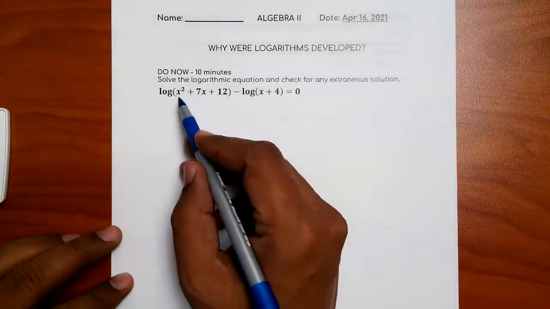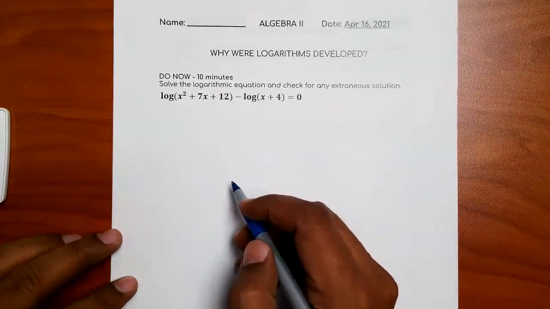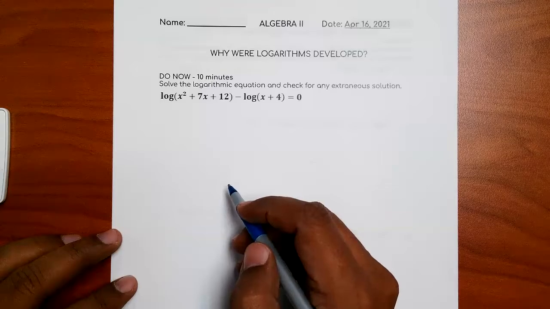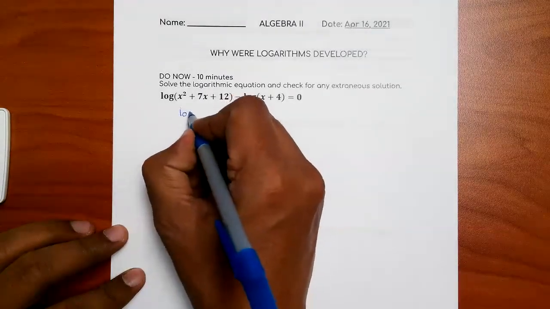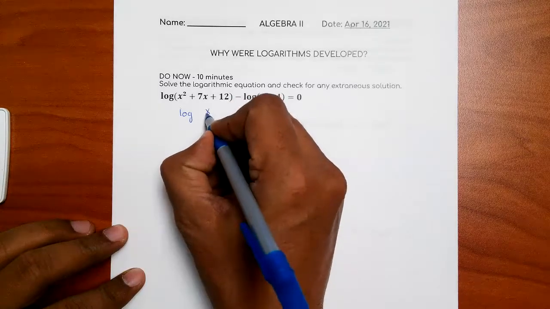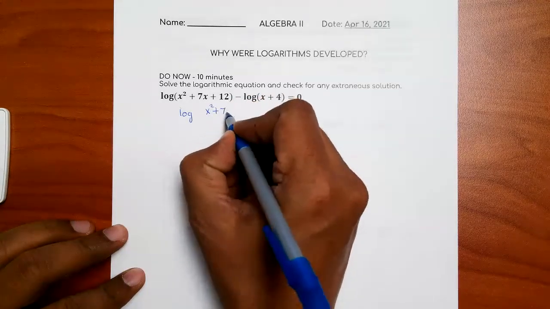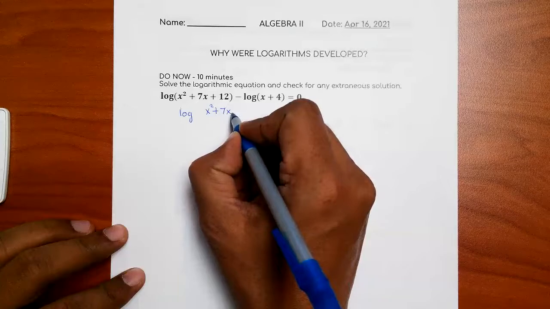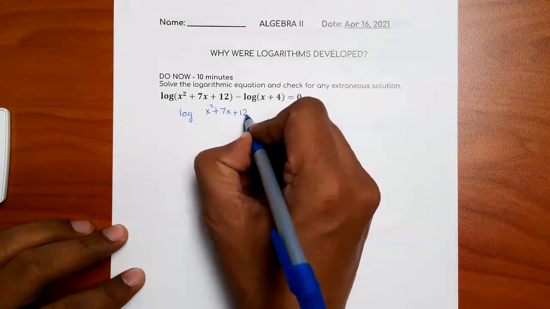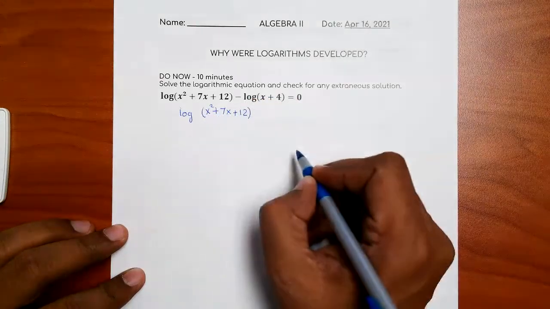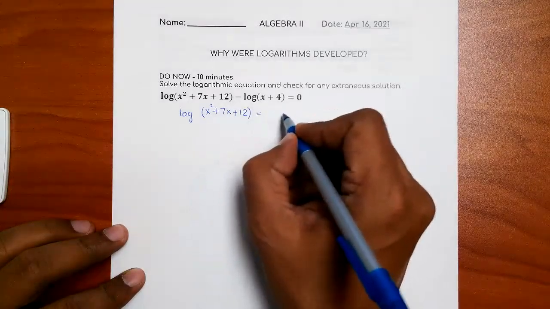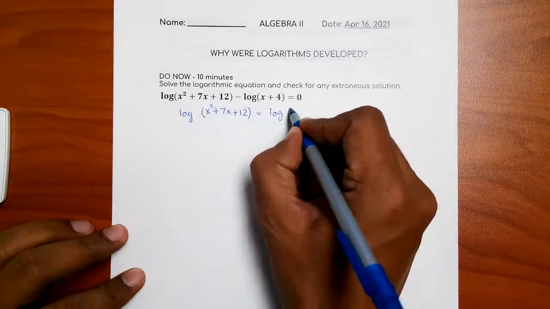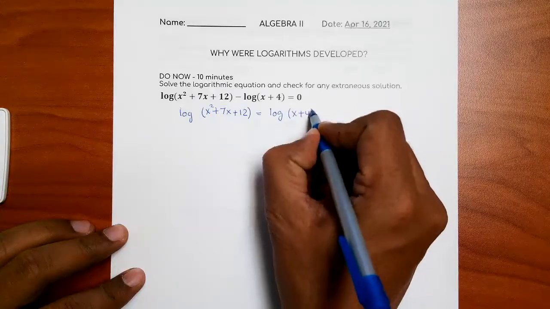Now here I have log of x squared plus 7x plus 12 minus log of x plus 4. So first of all, I can rewrite this as log of x squared plus 7x plus 12, and I can take this to the other side, so it will become positive log of x plus 4.